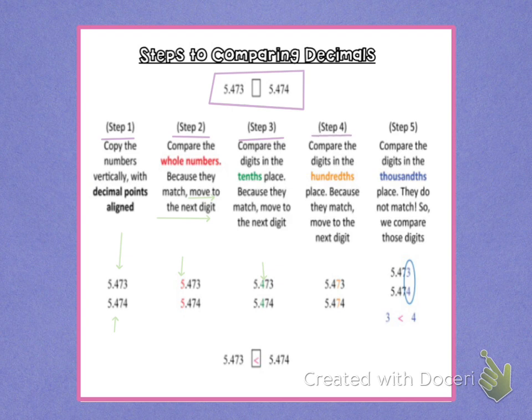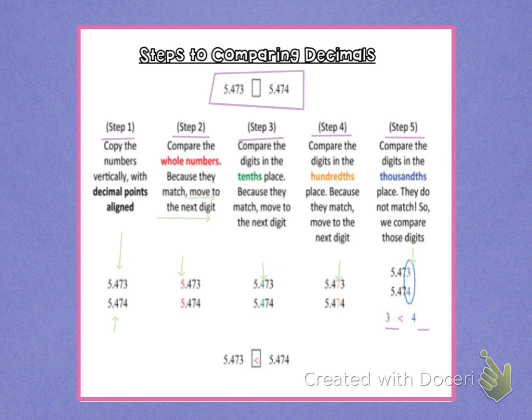Step 4 is now to compare the hundredths place. Hundredths place is that next decimal number over, which is the 7s. And again, if it is the same, we move to step 5, which is the thousandths place in this case. And this means that they are different. So we have a 3 and we have a 4.